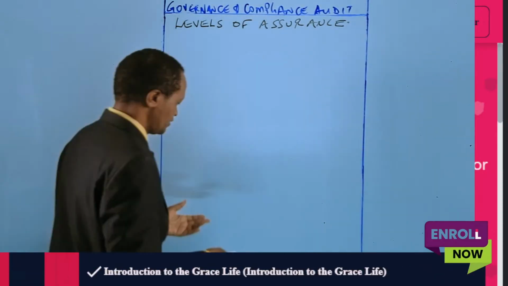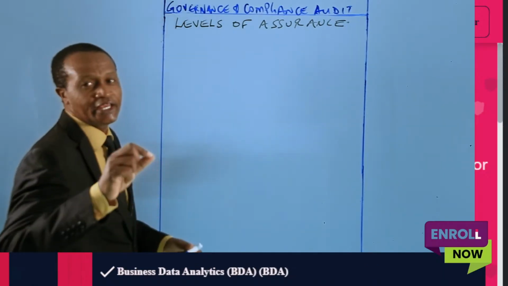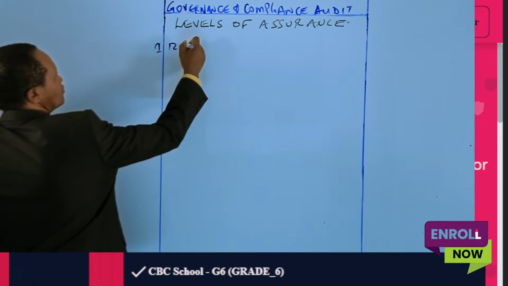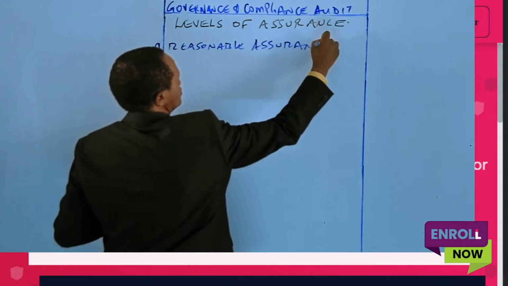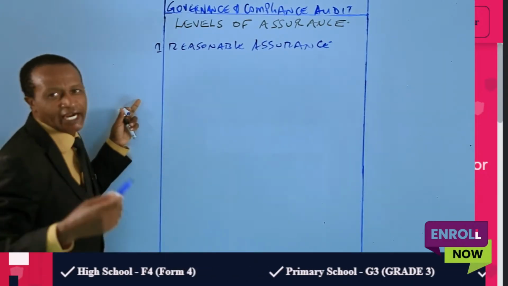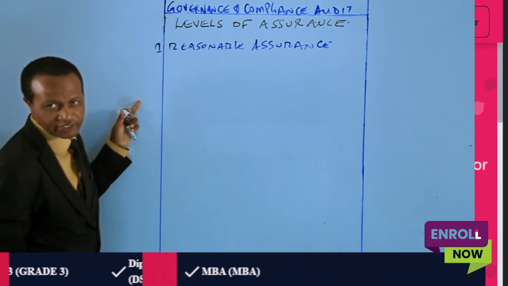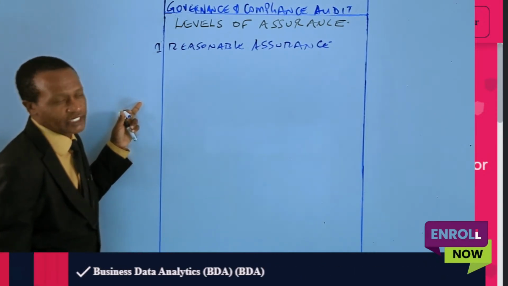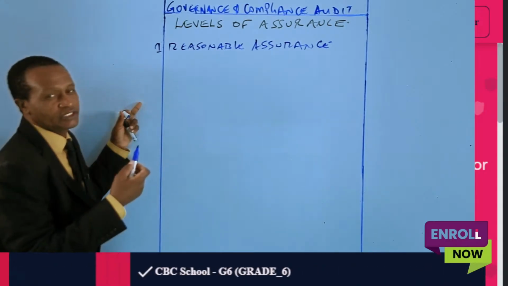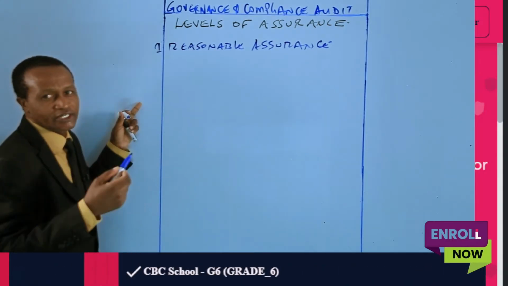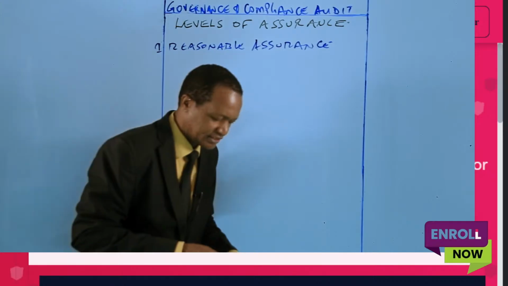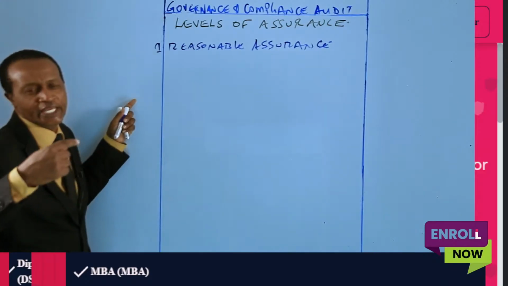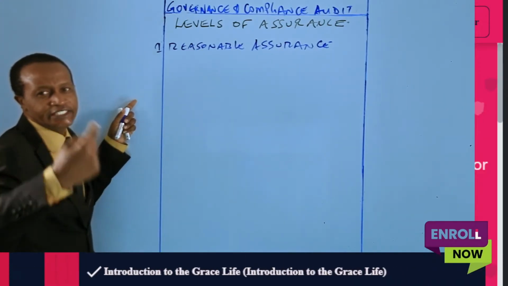And the first level, I've mentioned it, which is a reasonable assurance. A reasonable assurance is a high level assurance, okay? But it's not absolute assurance. And here, the auditor gathers sufficient appropriate evidence to conclude with a high degree of confidence.